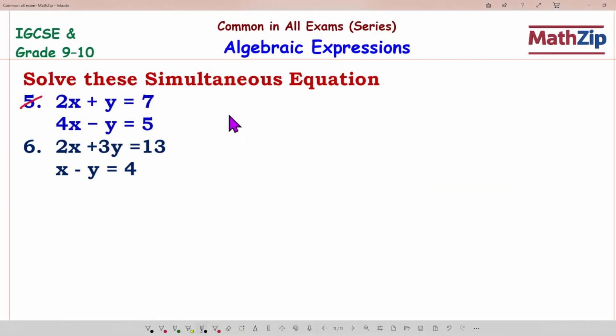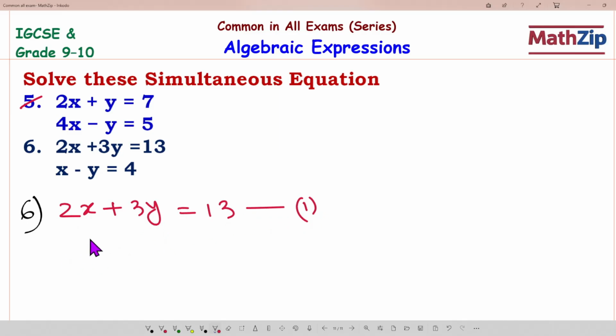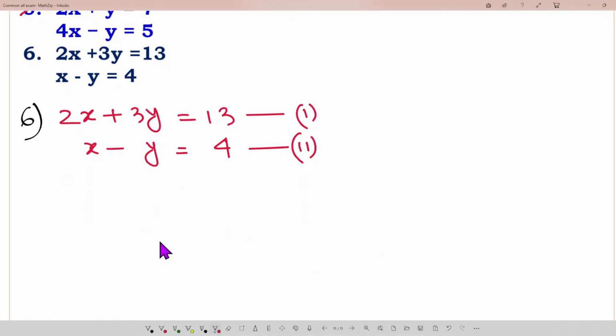Number 6. So first we label like 2x plus 3y equals 13, which is equation 1. Then x minus y equals 4, which is equation 2. Now here we have to find out whether there is any similarity or not.